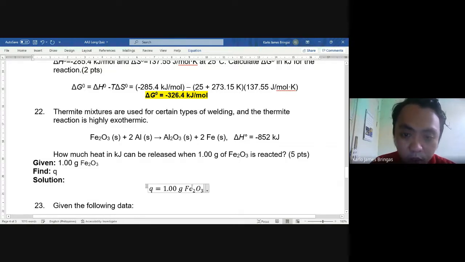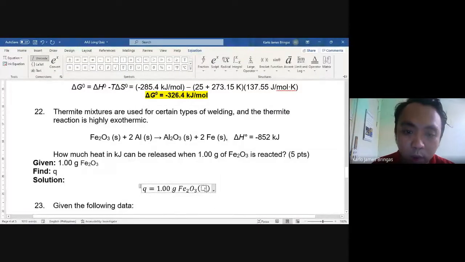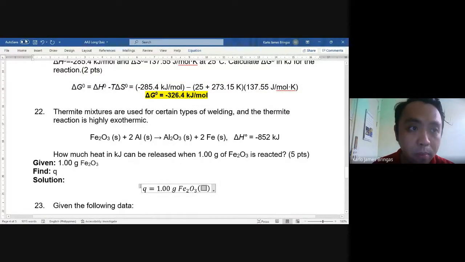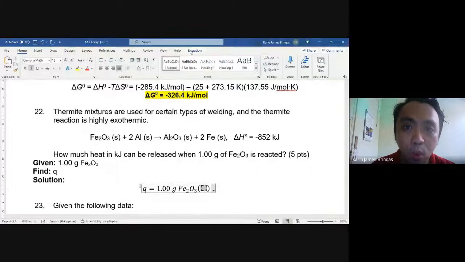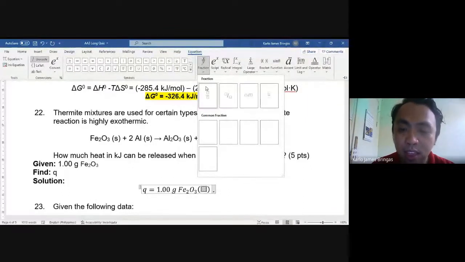This amount of Fe2O3, we then divide by its molar mass. By dividing this 1 gram of Fe2O3 by the molar mass, we can compute the number of moles of Fe2O3 that has reacted.